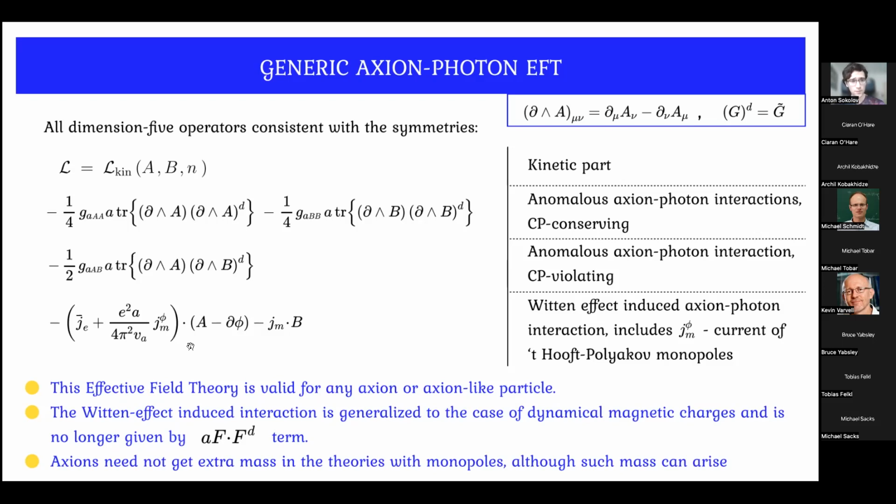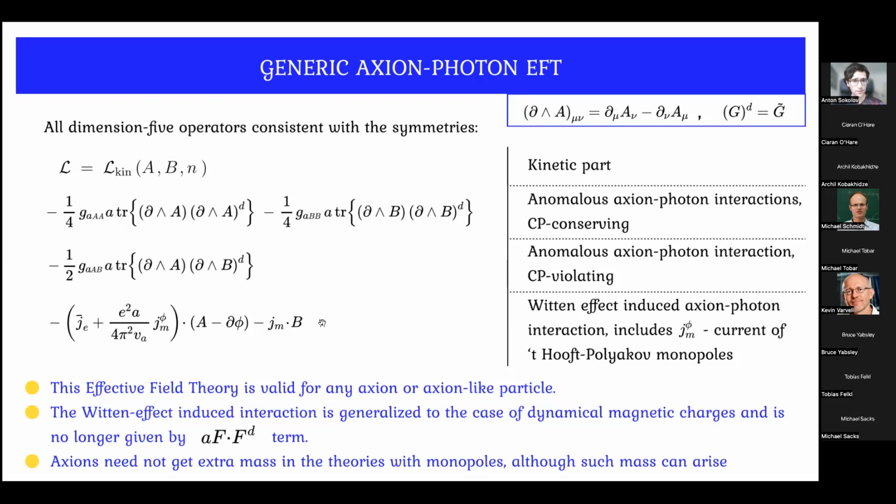But we also see that axions do not have to get this extra mass, because we can also consider just a theory without this Witten effect-induced axion-photon interaction. So if you consider just the first three axion-photon interactions, then we don't have this effect, and we don't have mass for axions arising from the magnetic monopoles.